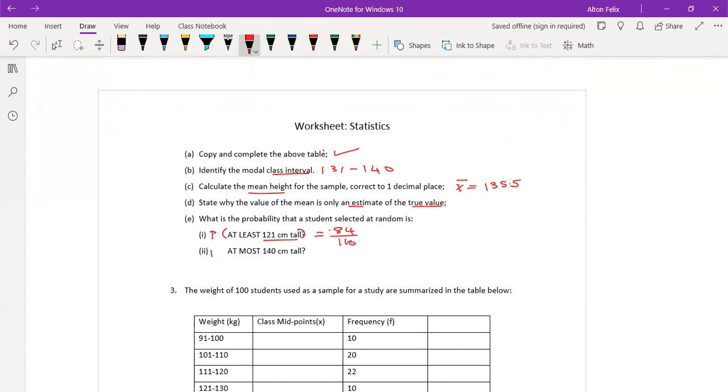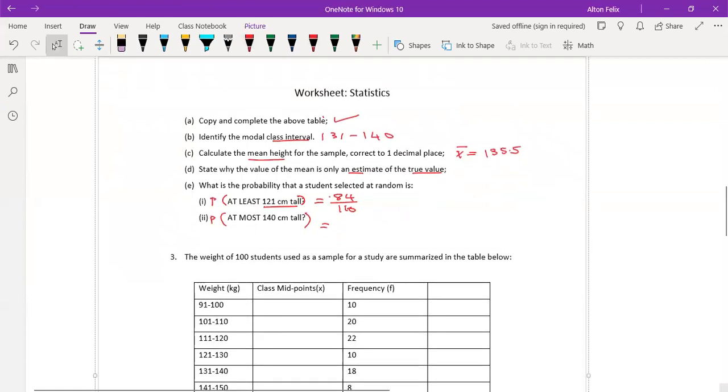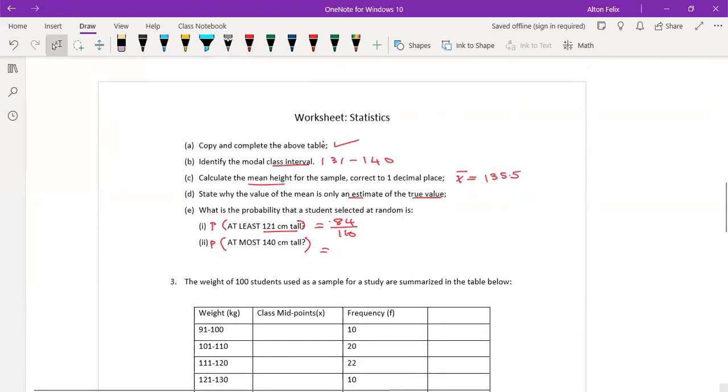Okay, and the last one, the probability that the person is at most 140 centimeters tall, that will be, let's see how many of them qualify and fall within that category. Let's go up to the table.